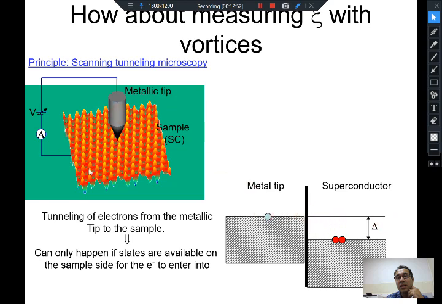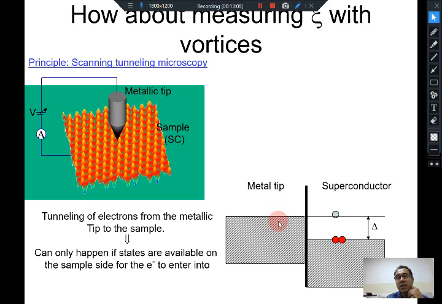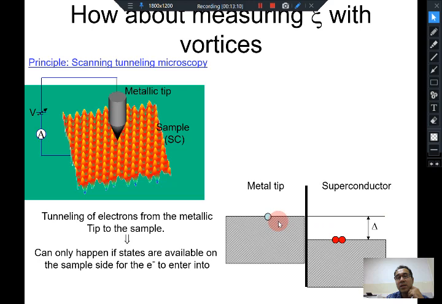Applying a bias sufficient for these levels to align, your occupied states on this end align with vacant states on the superconductor side, and an electron can hop across. That is the basic idea. So as long as you are over the superconducting region, you have to apply a finite bias voltage for the electron to tunnel.